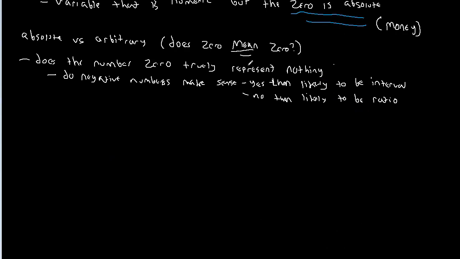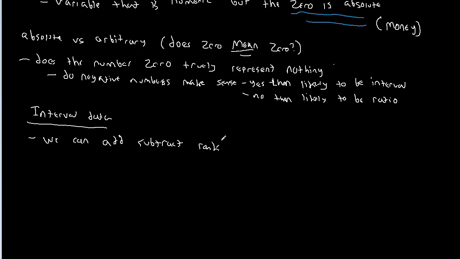So why does this matter? The reason this matters is because with interval data, we can add, subtract, rank, and order.